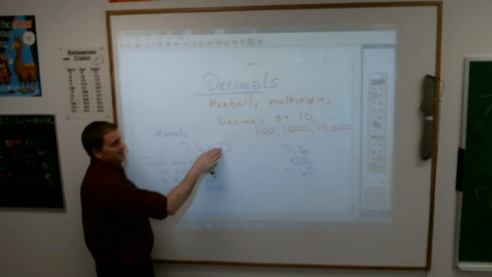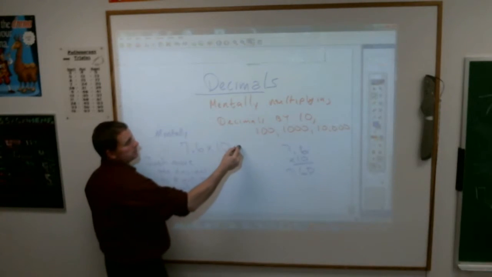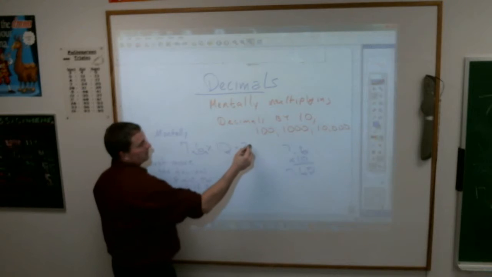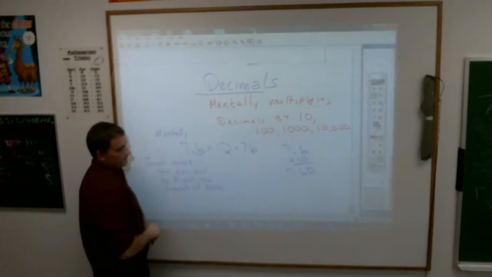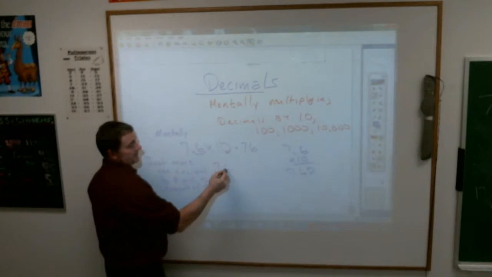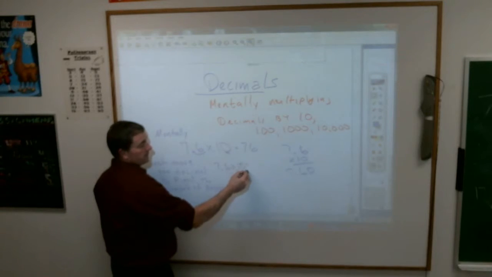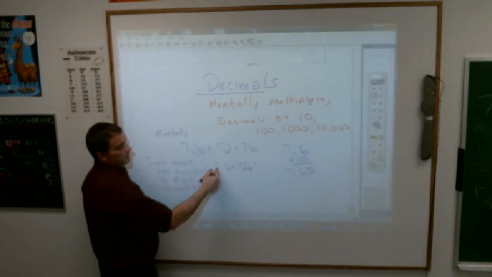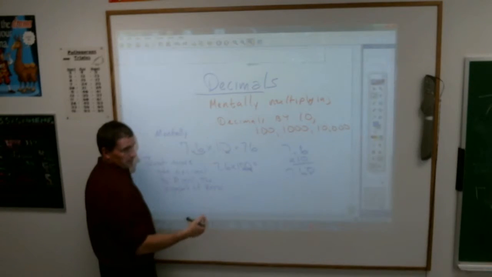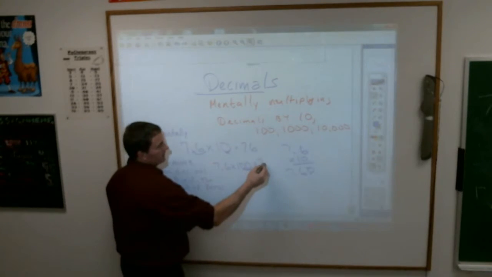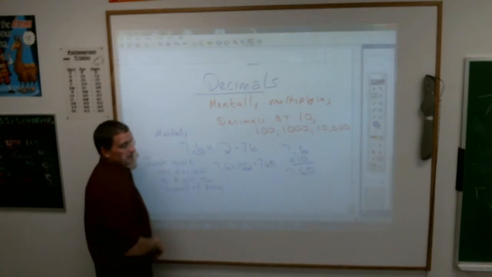So when you have 7.6 times 10, there's 1 zero, so you just move the decimal one place to the right and it's 76. If it was 7.6 times 100, how many zeros in 100? Two. Move the decimal 2 places. I'm going to end up adding a 0 because it has to be 760.